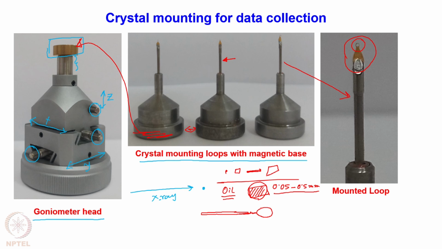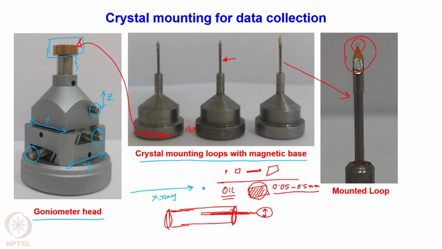This is a nylon thread which is actually bent end to end, twisted several turns, and the twisted end is then inserted inside this thin metal tube and sealed with glue, and this also is available with a given size. So those loops can be mounted on slightly thicker brass pins, and then those brass pins can be mounted on the diffractometer instead of the magnetic base, and one can collect data.